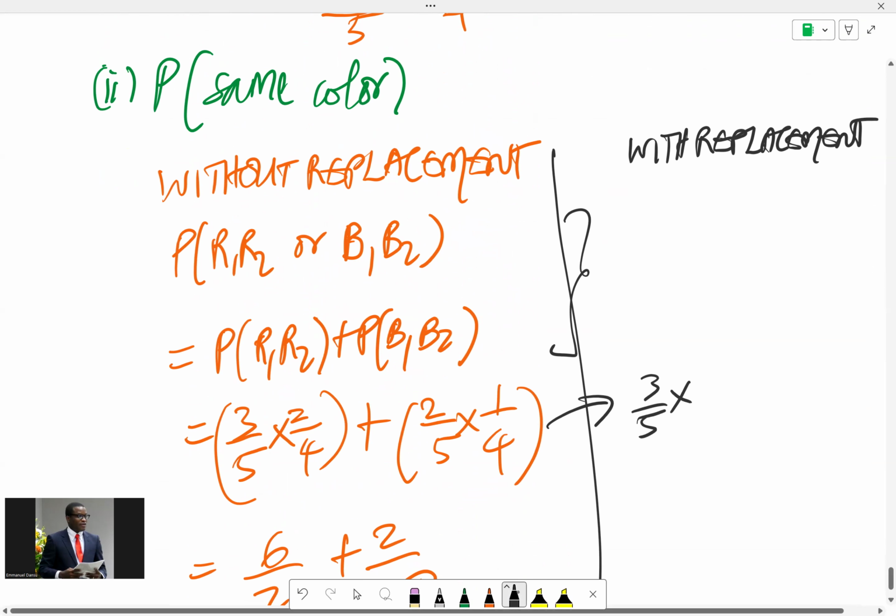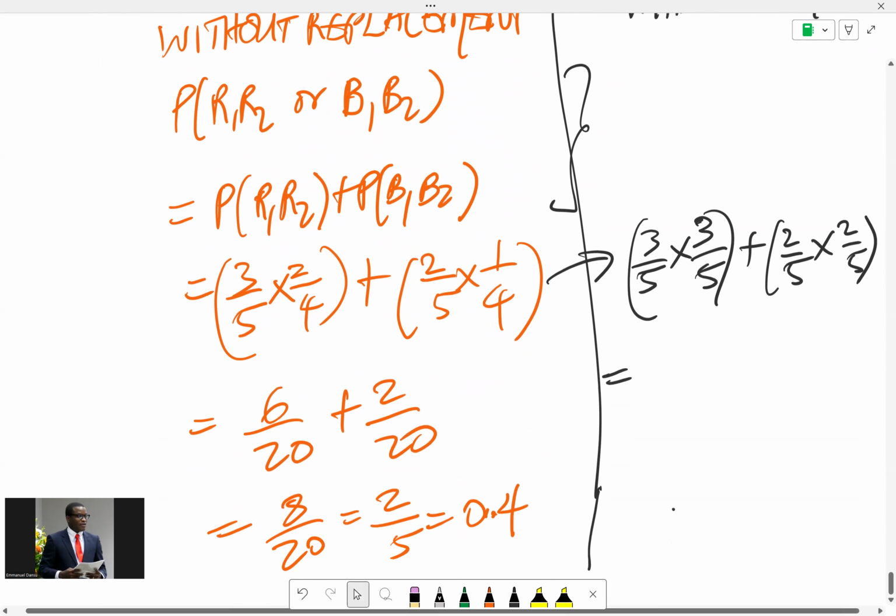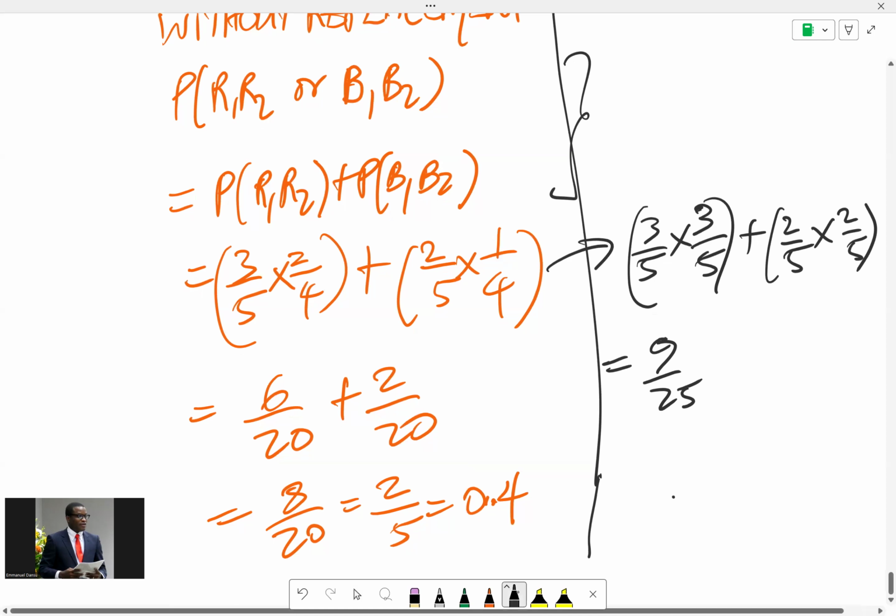Then you check the ball, you return it. So you always have the 5 balls. So the red is still 3/5, because you return it. Then for blue, it's 2/5 times 2/5. And then all that is 9/25 plus 4/25. And that is 13 chances out of 25.